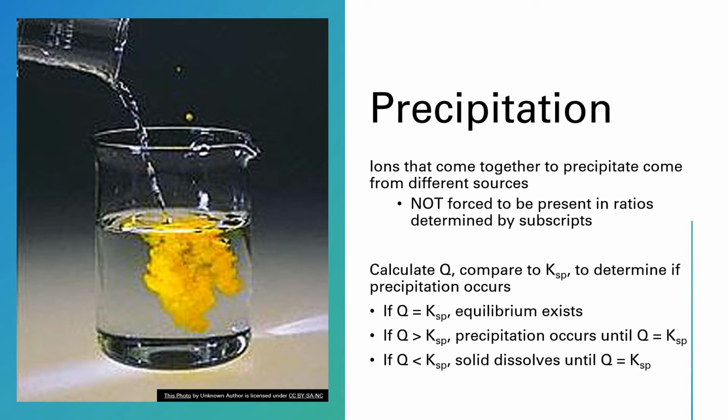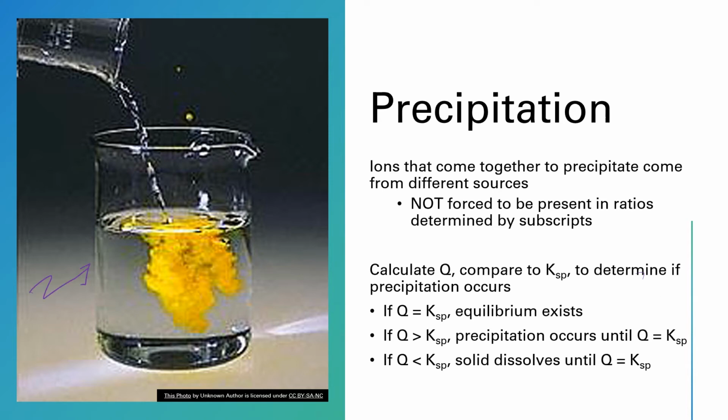So when precipitation takes place, the ions that come together to precipitate will come from different sources. In this case, the example that's shown here in the diagram, one of these chemicals is coming from the beaker that's down below.